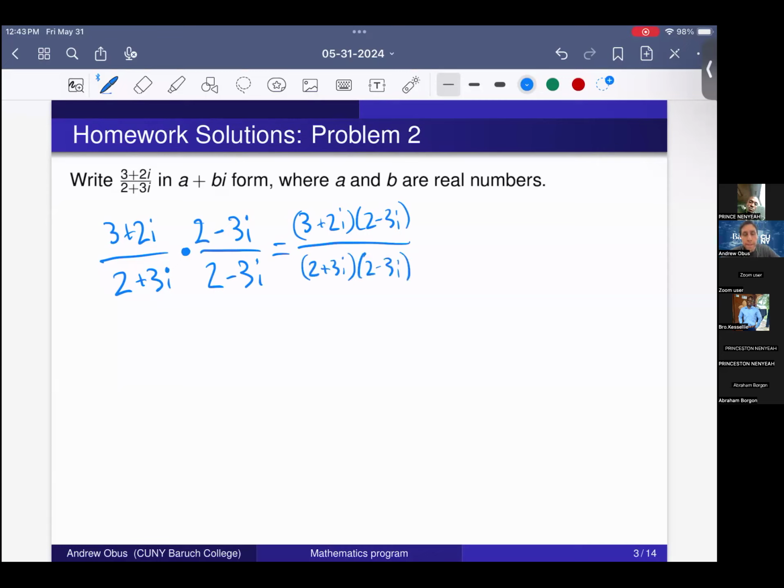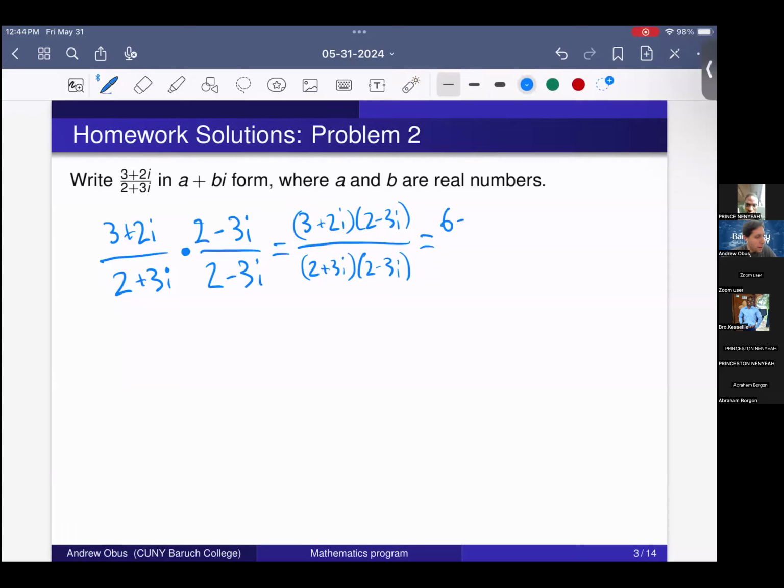Now we have to simplify both the numerator and the denominator. What do we get in the numerator? We say 3 times 2, that's 6.